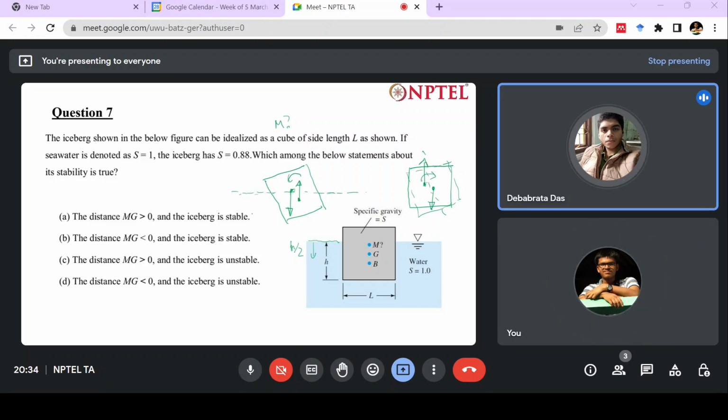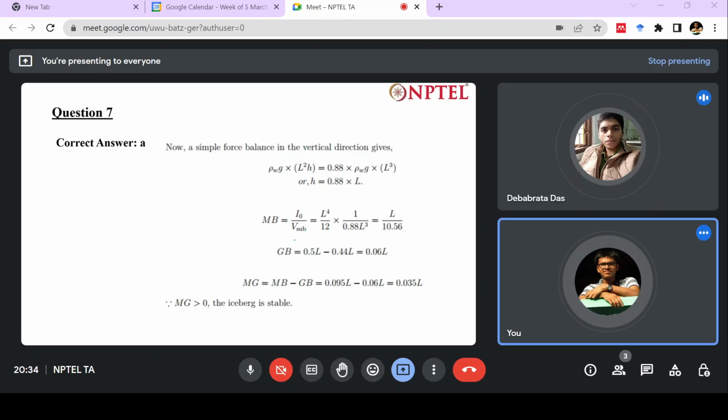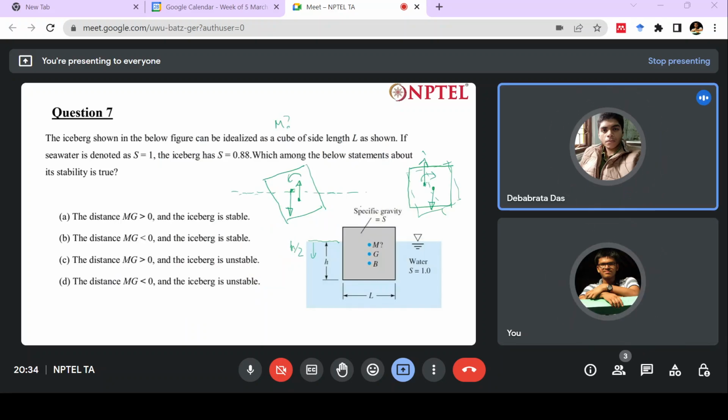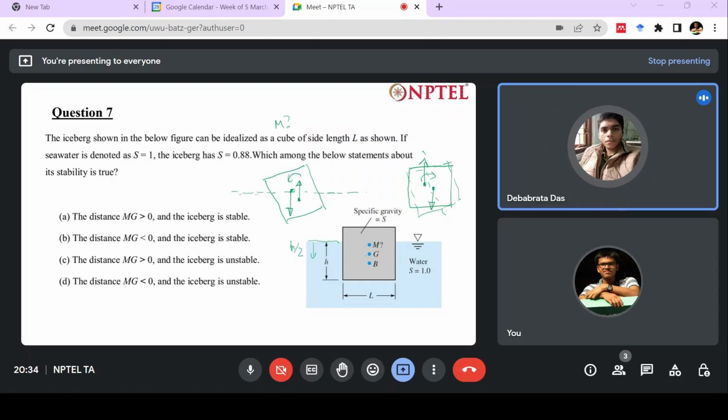Okay. So if MG is greater than zero, then the iceberg is stable in this case, right? That is the correct answer. Here they have done the calculation, but in general, if the metacenter is above G, then it is stable.